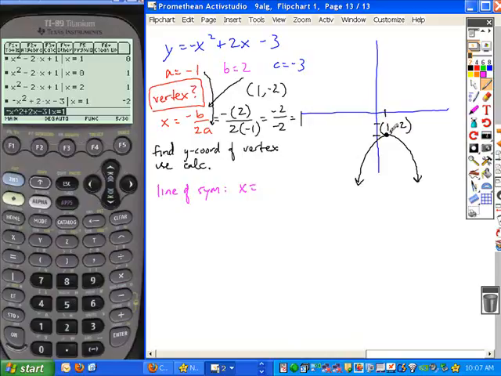The number is going to be whatever the x-coordinate of the vertex is. So whatever this x-coordinate is, there's your line of symmetry. And when you sketch it, it's just going to be a dashed line. And that represents, again, x equals 1, the line of symmetry, the line on which this parabola is reflected.